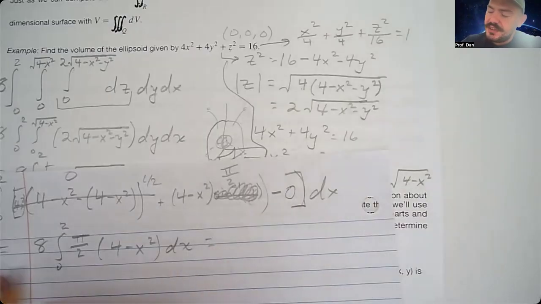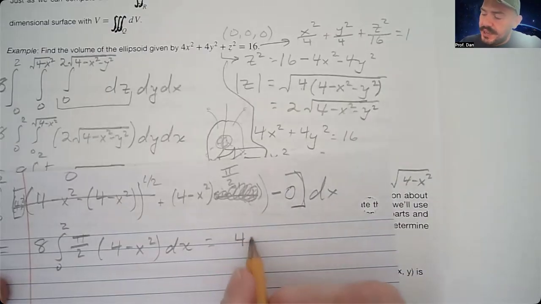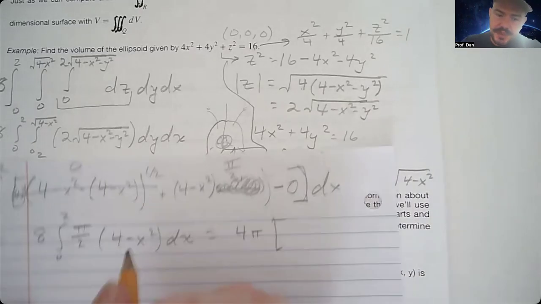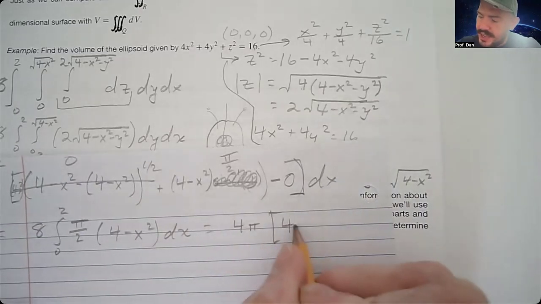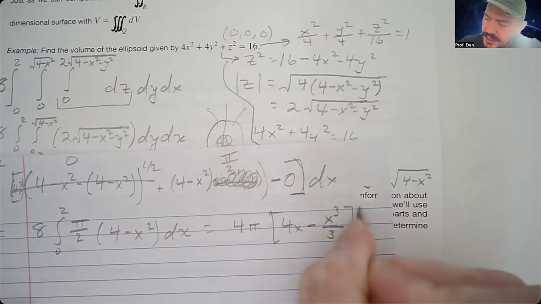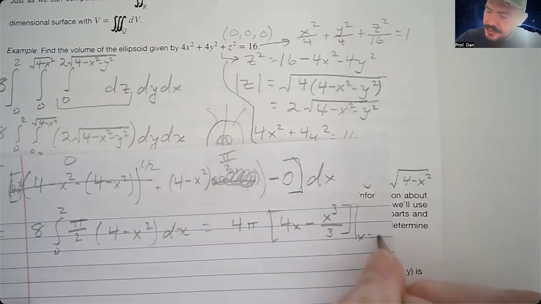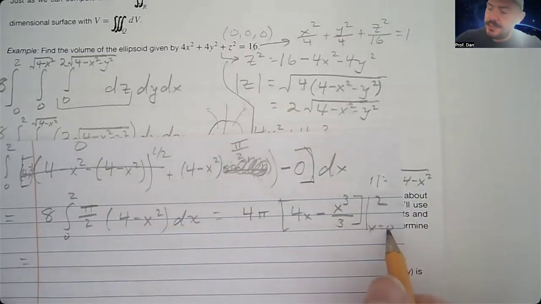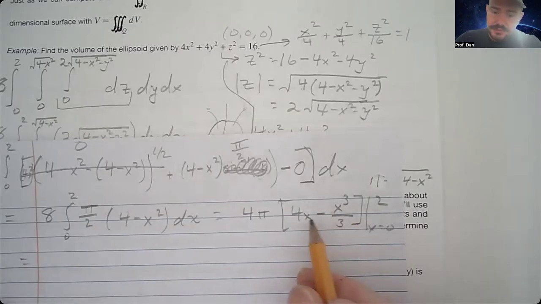So if I take that constant out, I get 4 pi, and I can take the antiderivative of this just using my power rule. So we have 4x minus x cubed over 3, and we're going to evaluate from x equals 0 to x equals 2. And luckily, if I plug 0 in, the whole thing is 0, right?